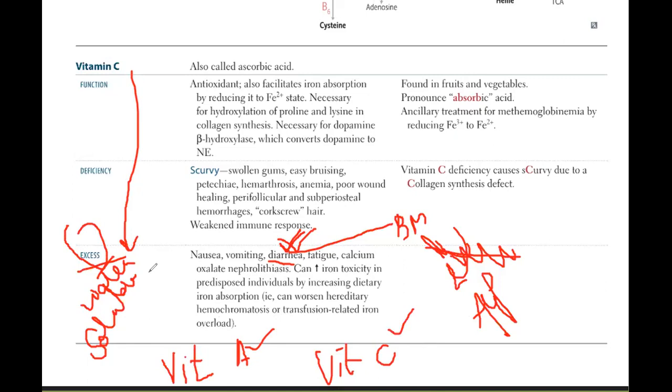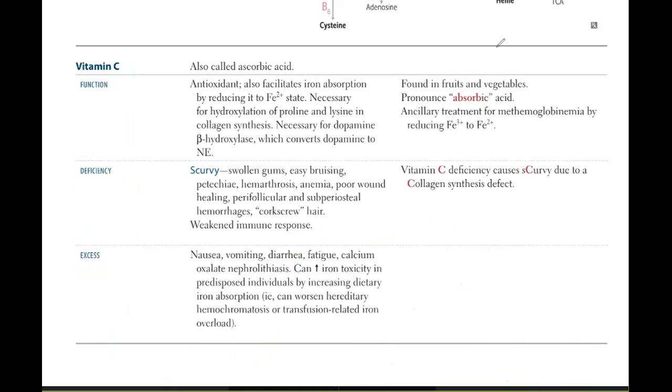If I am remembering, it is vitamin B3. So you can check in your book. You have studied podagra, okay, in vitamin B3 excess. So up till now we have studied 3 vitamins in which there is not only deficiency but also excess. One was A, one was B3 niacin, and now we are studying C. Okay, so remember these points as well.